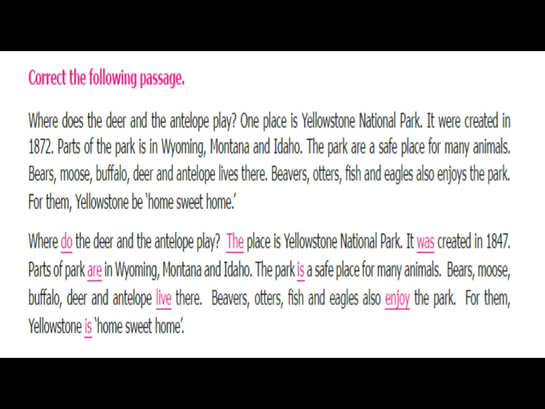So we have to use the plural verb. Then one place is given there, but we have to show the place is Yellowstone National Park. It was created. That park was created. So park is singular. That's why we want to use the singular verb was.